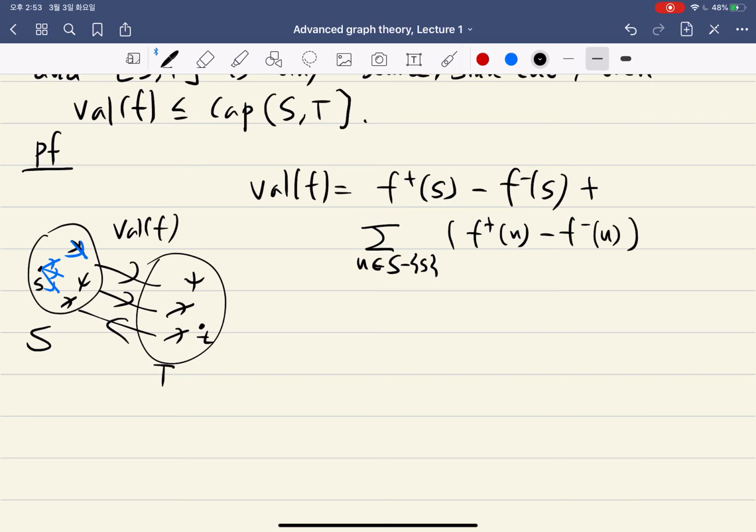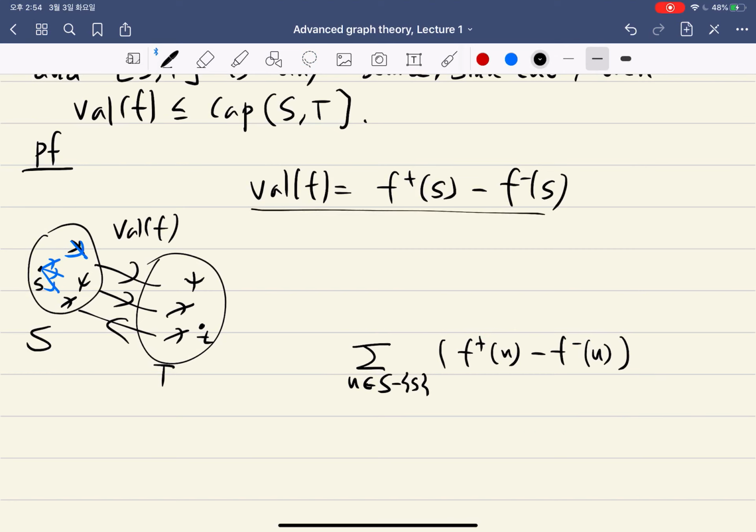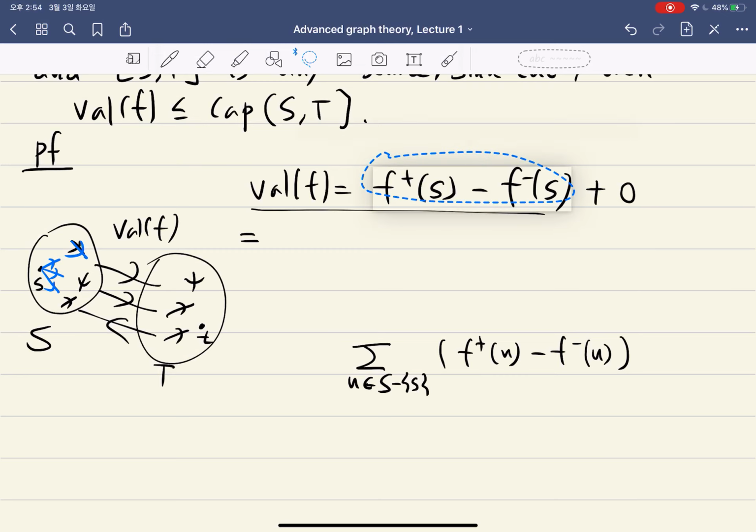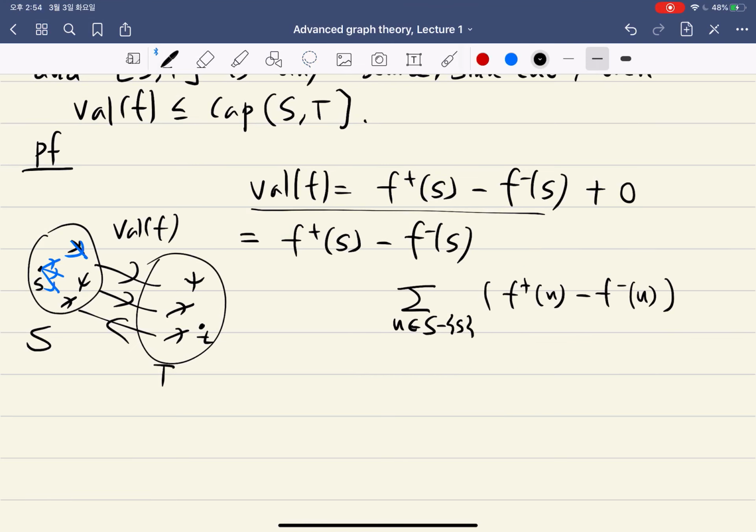So the value is this, and once we add 0, it doesn't change anything. This 0 is the same as adding this, because of the conservation law: for each u, this number is 0. So we add 0 many times, so this entire thing is 0, and the value is the same as this.